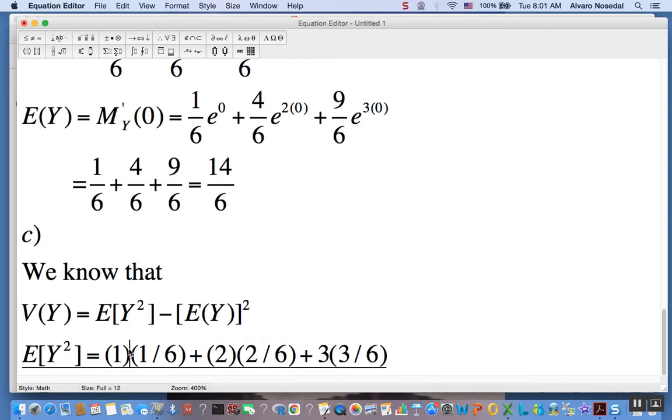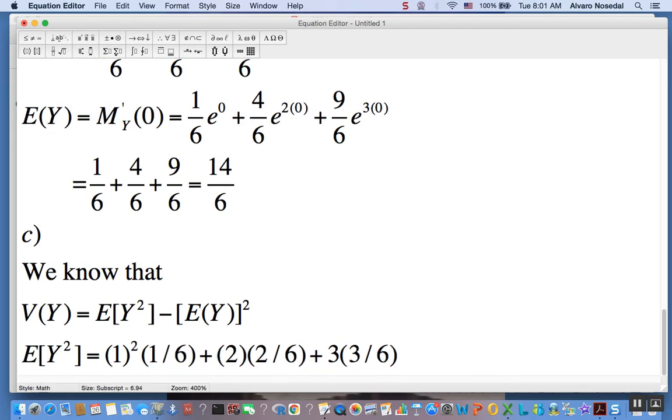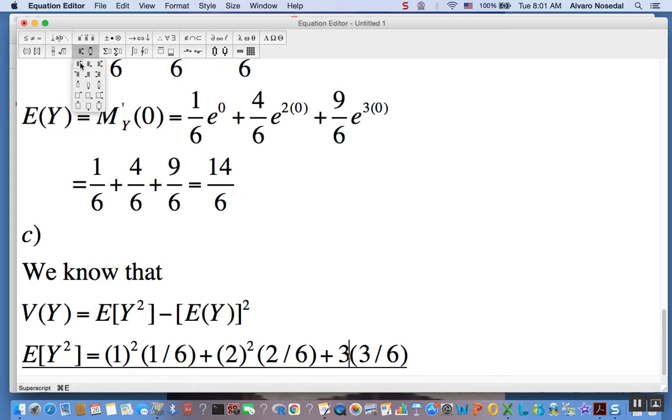So it would be 1 squared, that's the transformation, right, times the probability of observing a 1, the transformation evaluated at 2 times the probability of observing a 2, and finally the transformation evaluated at Y equals 3 times the probability that Y equals 3, right? Okay.